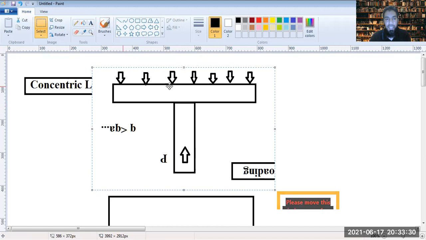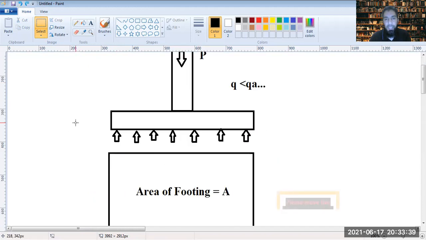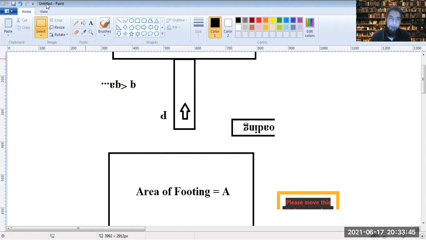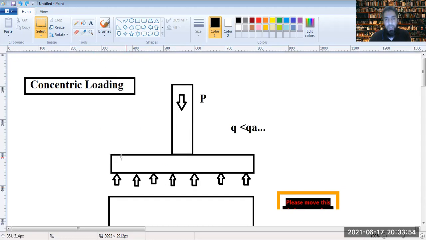So there is hogging at the ends, which means there is tension towards the bottom at the ends, and at the center there is tension towards the top. That's the case when there is soil pressure exerted from below.